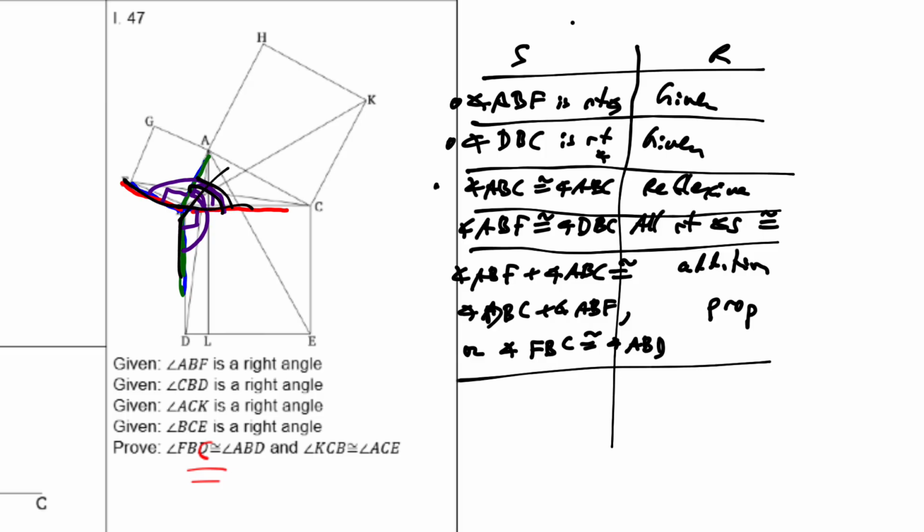That's reflexive. These 2 steps could be reversed also. We have to say all right angles are congruent so that we have these 2 congruent statements so that we can add them together to get the last step, which is ABF plus ABC is congruent to DBC plus ABC, or the obtuse angle is equal to the other obtuse angle.